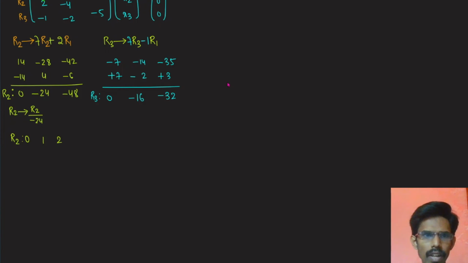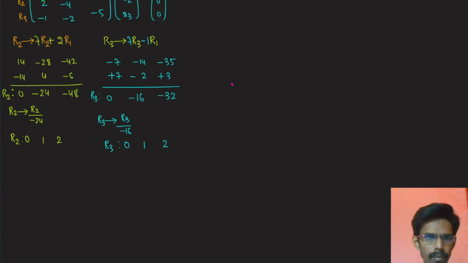If I divide this R3 by minus 16, then we have R3 as 0, 1, 2.